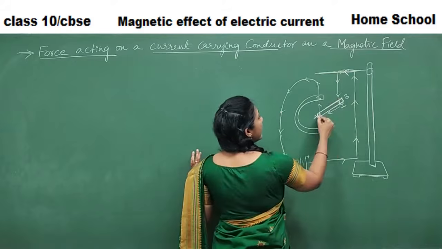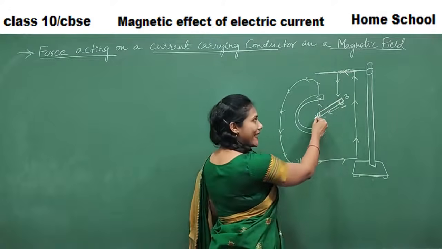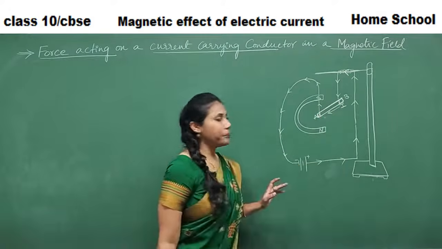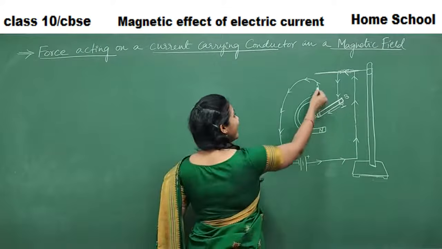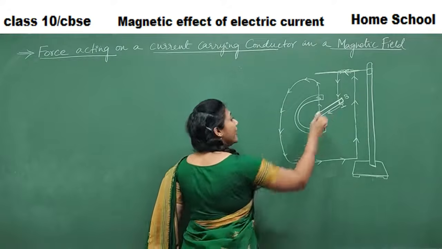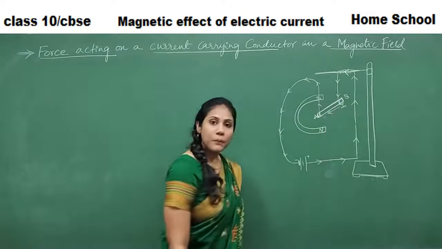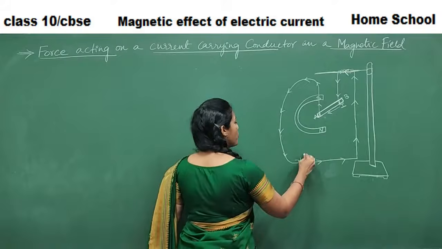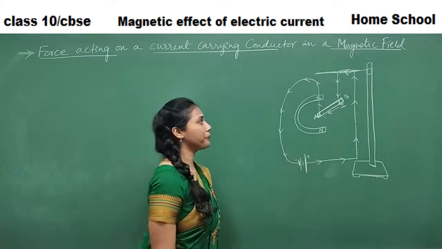Say there are 2 ends for the rod. One is end A, the other one is end B. End A is connected to the negative terminal of a battery. End B of the aluminium rod is connected to the positive terminal of the battery.